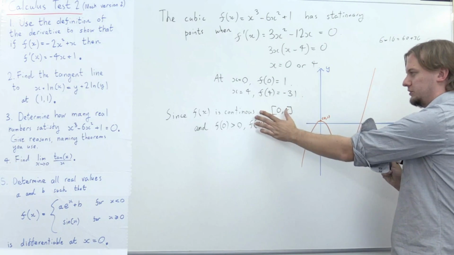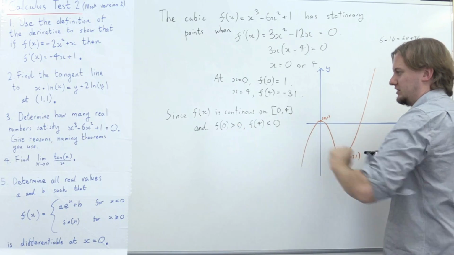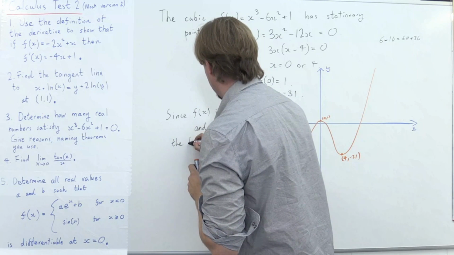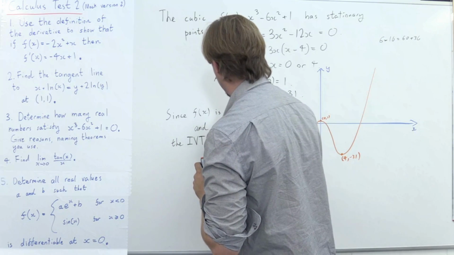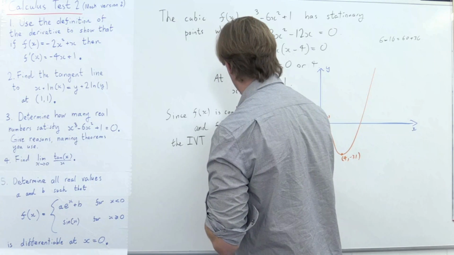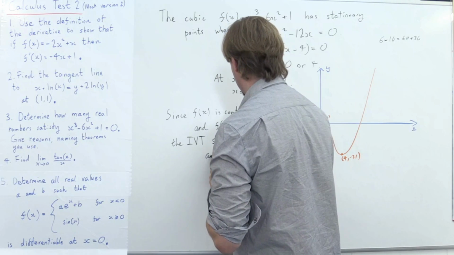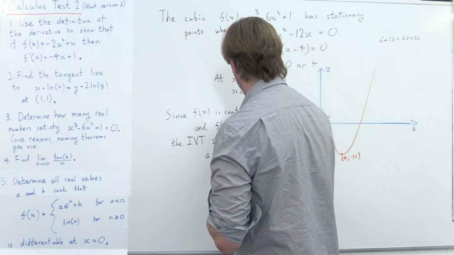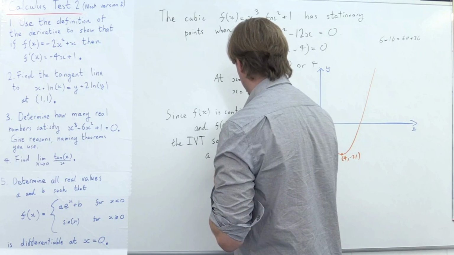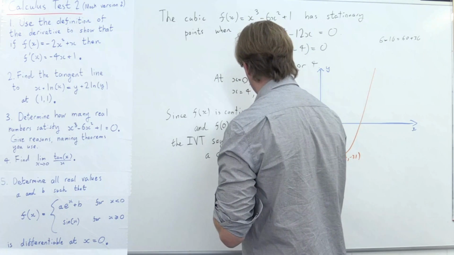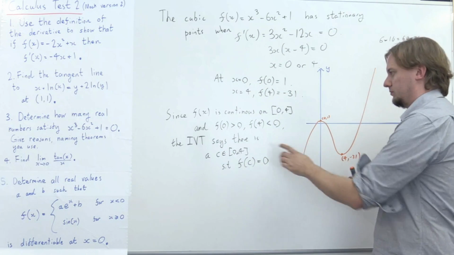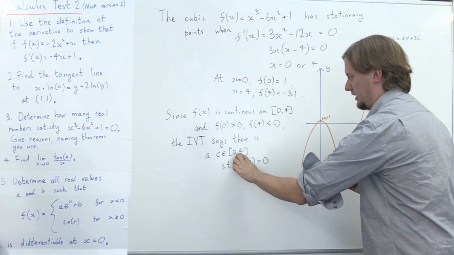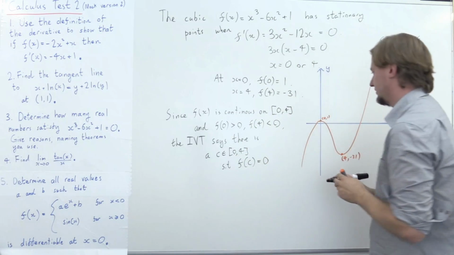So continuous function, this interval, and a change of sign. So the intermediate value theorem says there is a value c in 0, 4 such that f of c equals 0. So this value was intermediate between these two, so I'm promised that there is one. I might not be able to tell you exactly what it is, but I know there's one there.